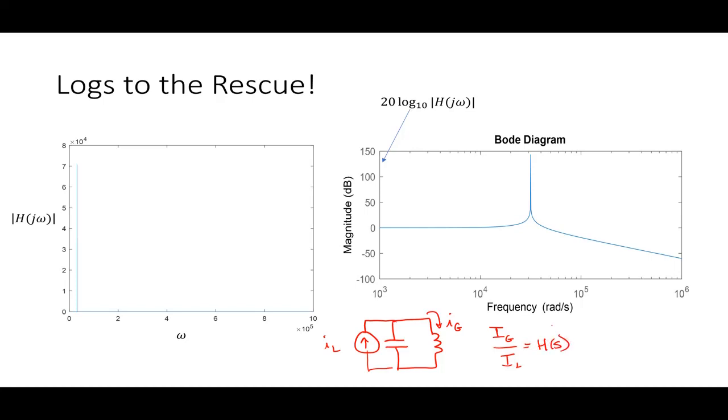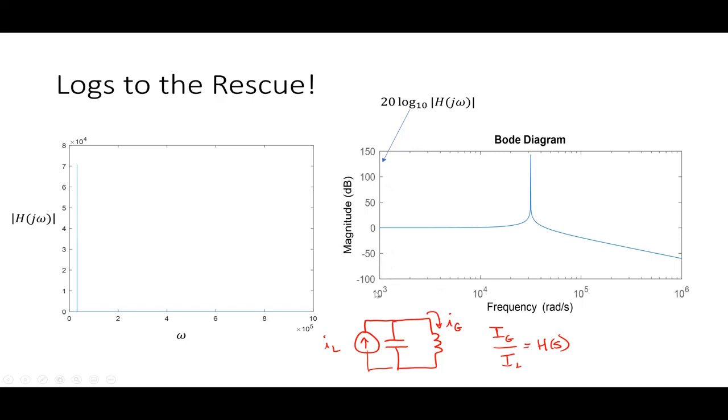So in this particular case, when I plotted this, I said that the magnitude response went up as high as 70,000 and went down as low as 0, and that's really hard to see all of that in one meaningful plot. So where we kind of ended up is we said, well, we don't typically draw the magnitude. What we actually do is we draw 20 log of the magnitude, and we typically do that also on a logarithmic scale.